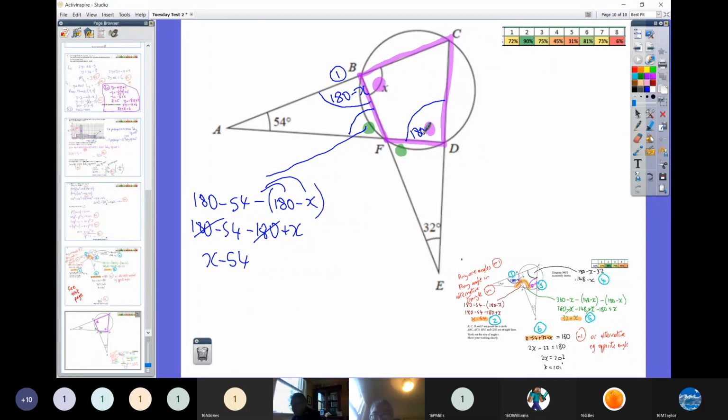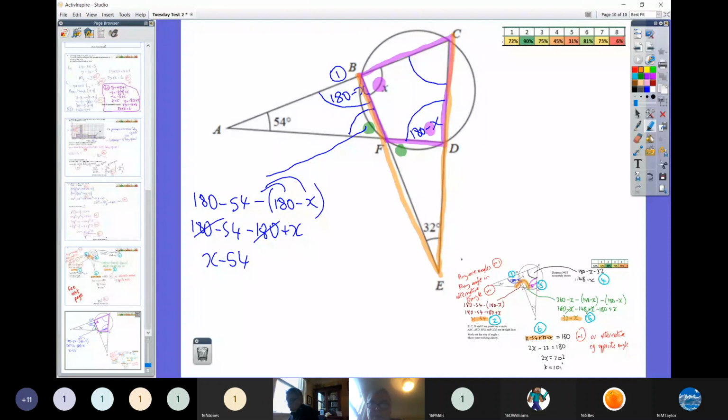If we look at the big triangle BCE, we are able to work out the angle up here in the corner at C. I'm talking about the triangle in orange.